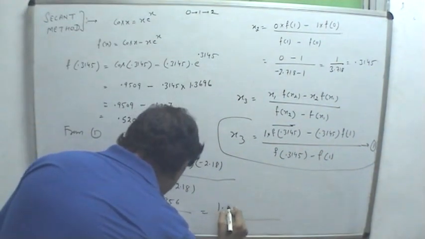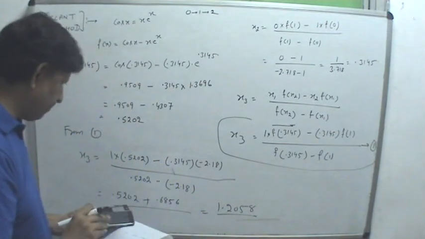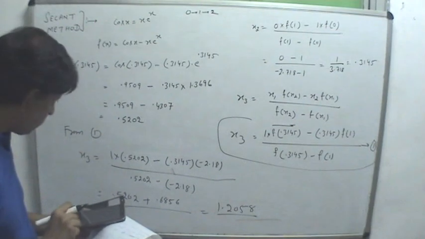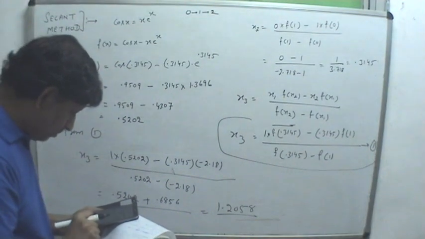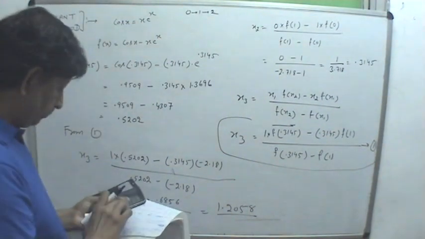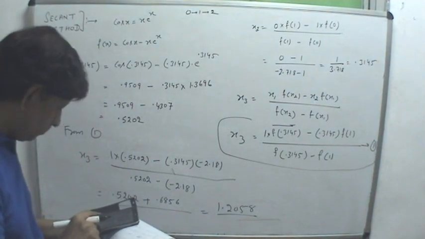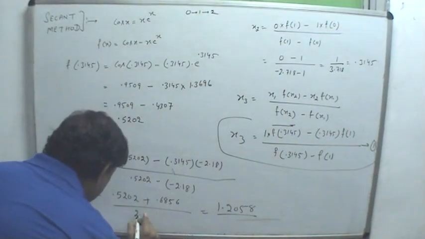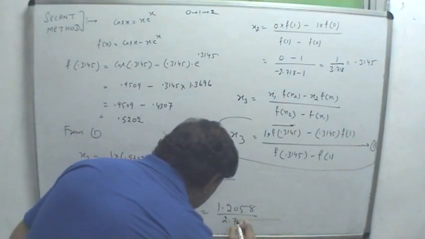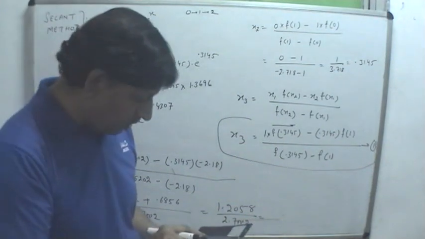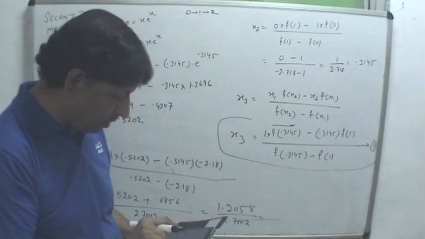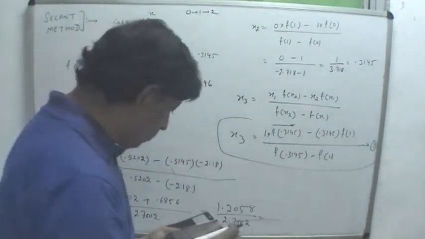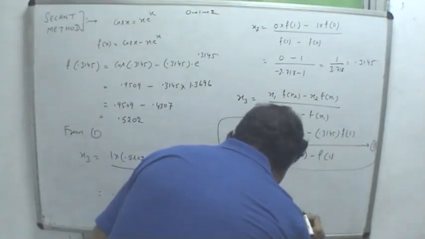That is equal to 1.2058 divided by 2.7002, and that is equal to 0.4465595.